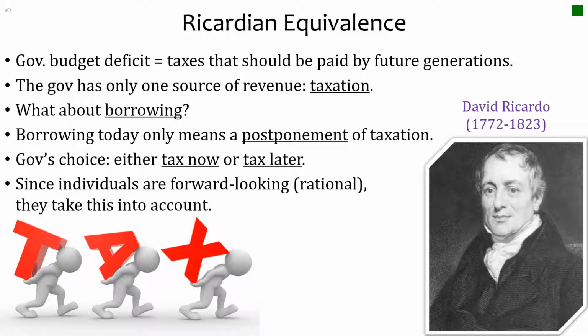This was proposed by a famous and influential economist called David Ricardo. He is not recent. He is a brilliant thinker, a British economist. He's also one of my heroes, other than Friedman. So, one thing that I do want to emphasize here is this idea that the government has only one source of revenue. You might want to highlight that.